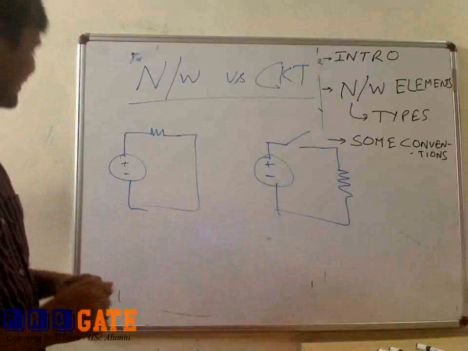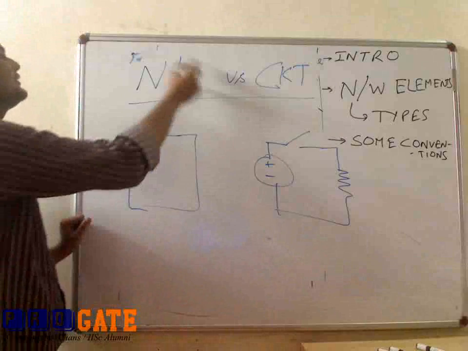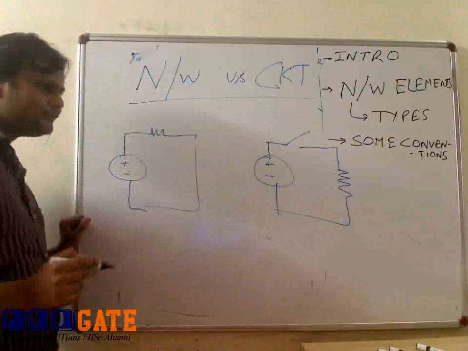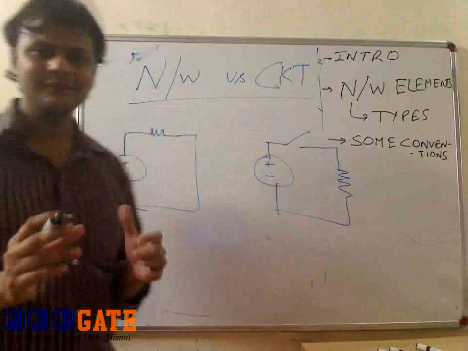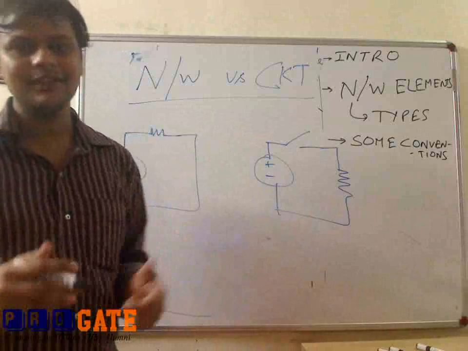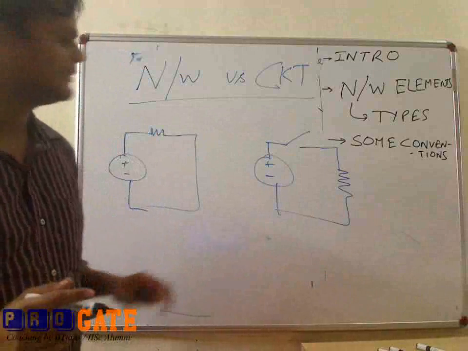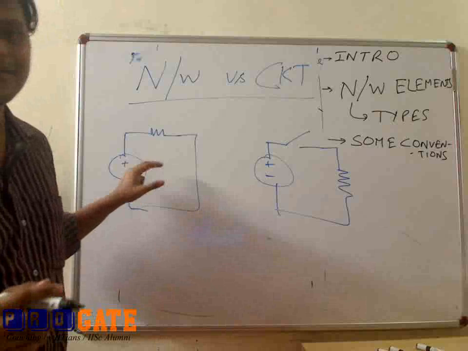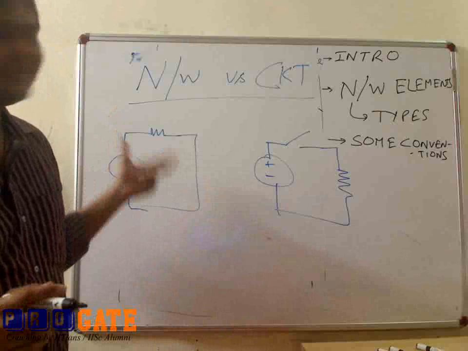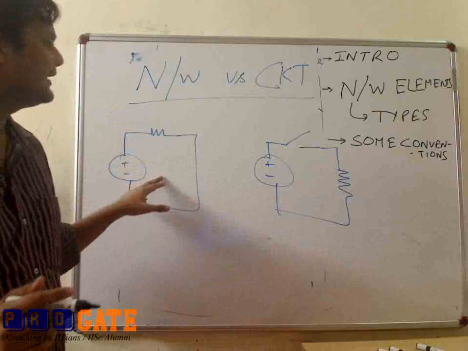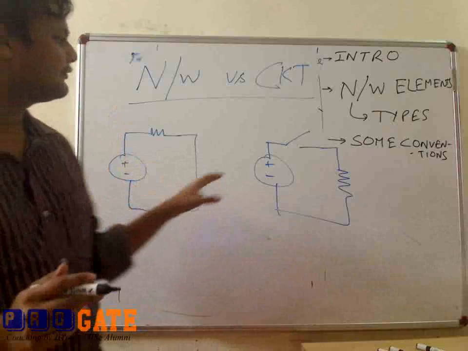So first I will give the definition of this network again. It is simply an arrangement or interconnection of electrical elements. Network is simply the arrangement and interconnection of network elements. And what is a circuit?